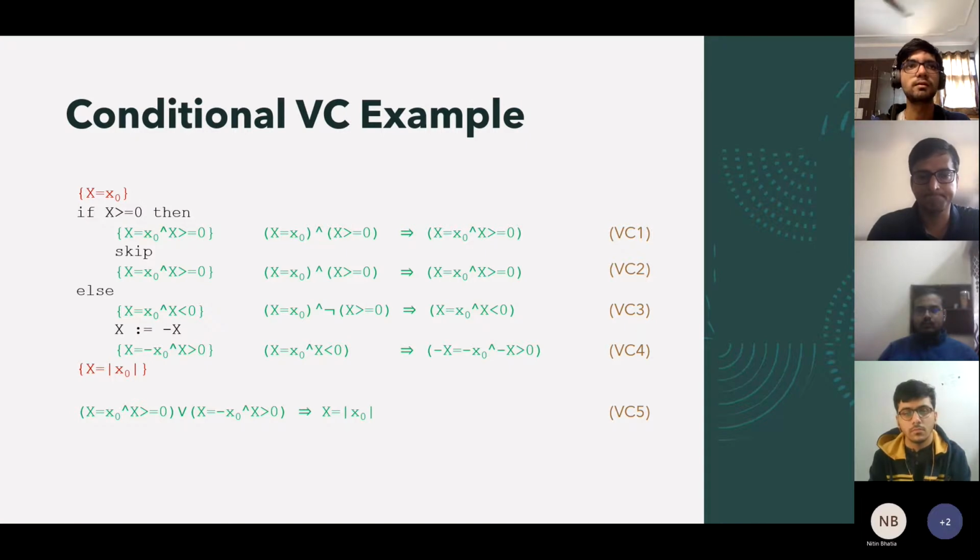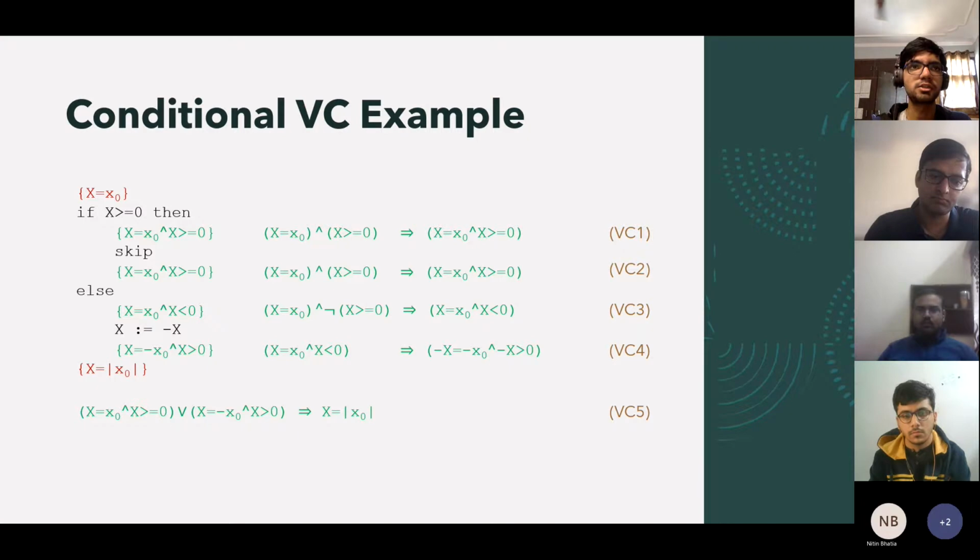For verification condition 3, we have x equal x naught and not of x greater than equal to 0. This evaluates to x equal x naught and x less than 0.